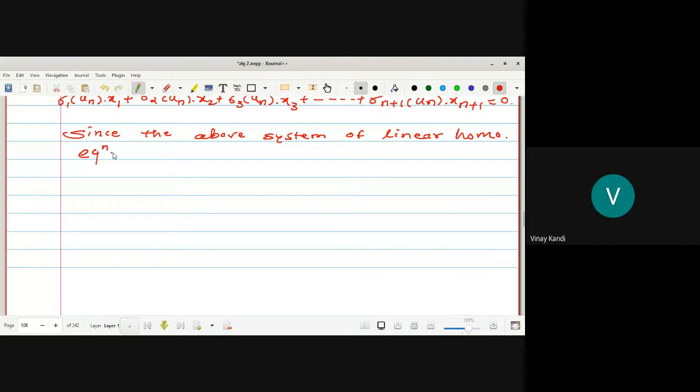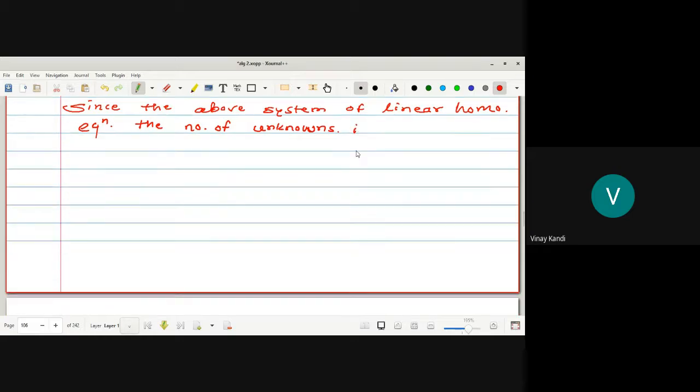The number of equations is less than the number of unknowns.